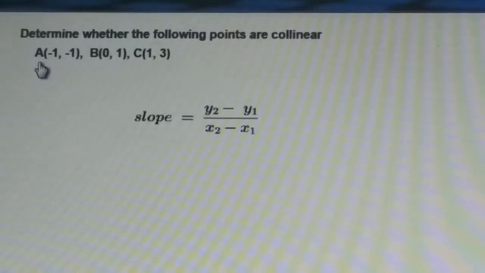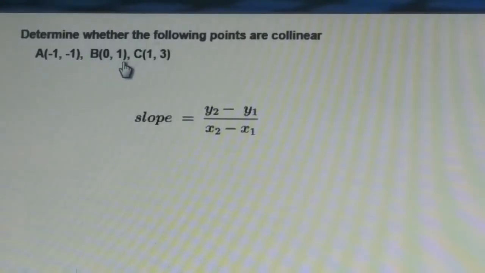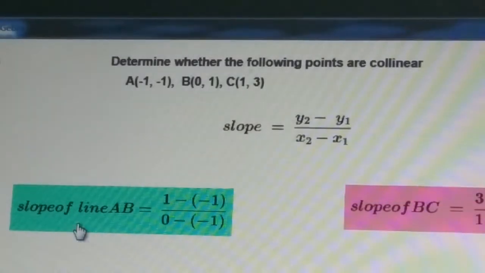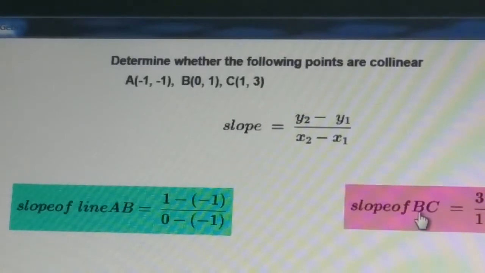We have coordinates of A (-1, -1), coordinates of B (0, 1) and coordinates of C (1, 3). To check, we will first find the slope of line AB and then the slope of line BC.